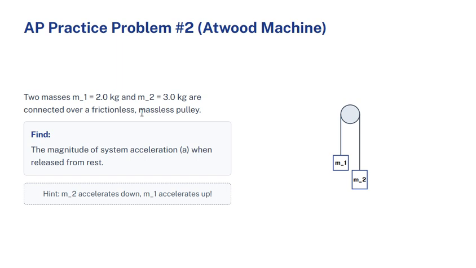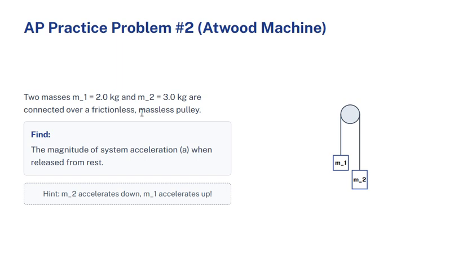So this is an Atwood machine, and I think you can just use what you know and the equations I gave you. Just know there's a hint that mass 2 accelerates down and mass 1 accelerates upward. I'll give you a couple seconds to solve this.